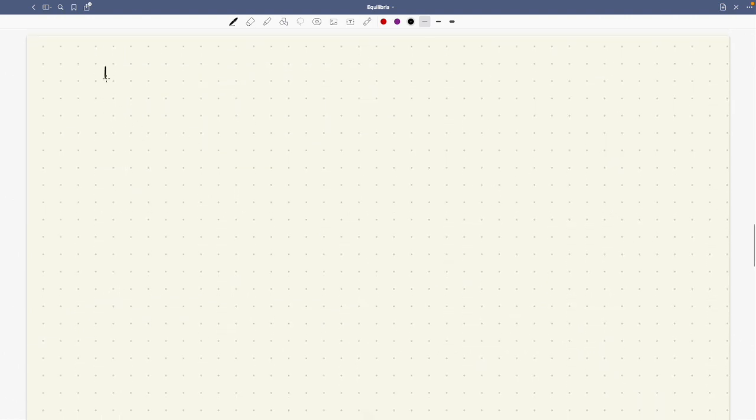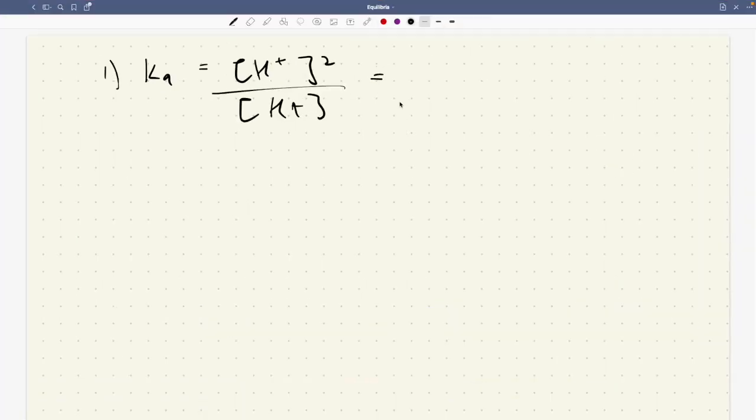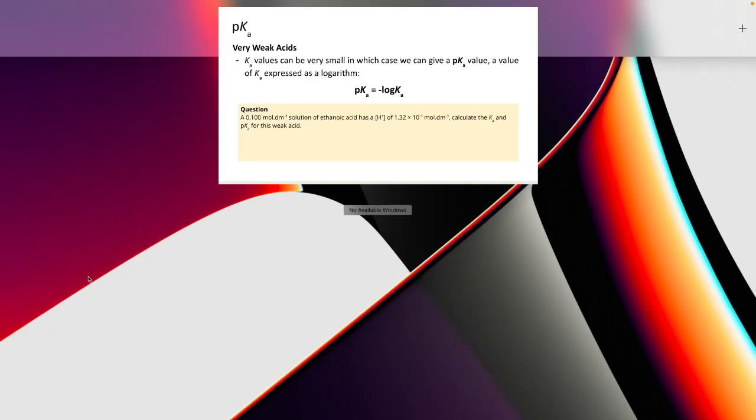So let's do that. Ka is equal to the concentration of hydrogen ions squared divided by the concentration of the weak acid. We said that the hydrogen ion concentration was 1.32 times 10 to the minus 3, and we want to square all that, and we want to divide that by our weak acid concentration, which is 0.1.